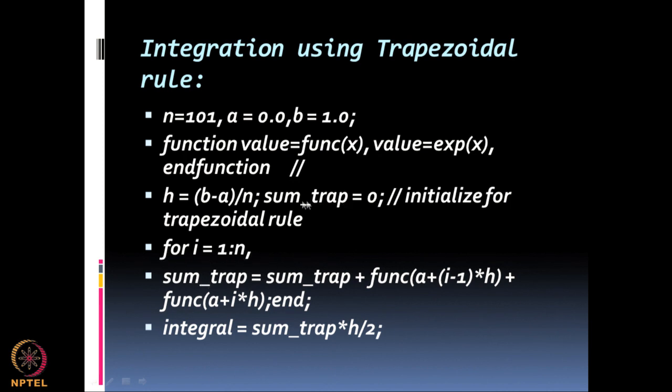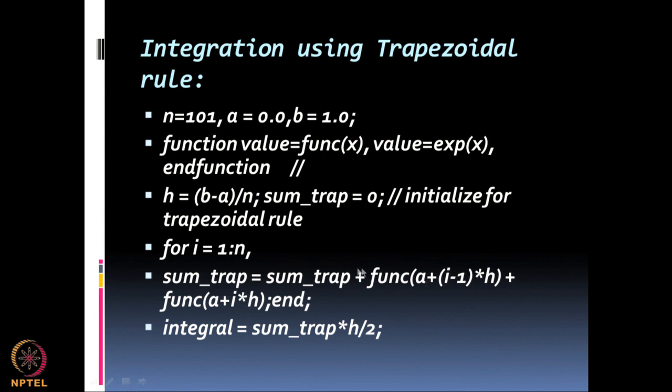Then I want to put the sum of the function into this sum underscore trap. Sum underscore trap is equal to sum underscore trap plus function of a plus I minus 1 into h. So, what does this do? My do loop goes from 1 to n. The first value of the function is the value of a, the initial point. When I equal to 1, I minus 1 is 0, so function of a is the first value.